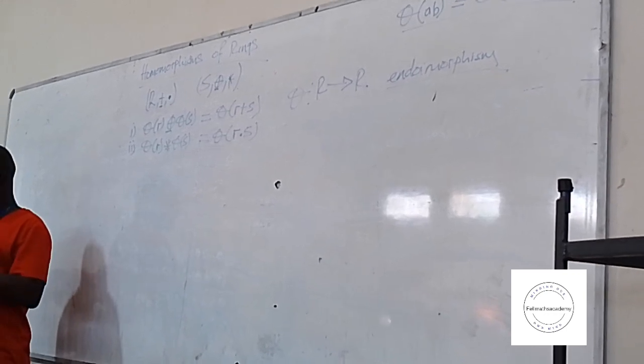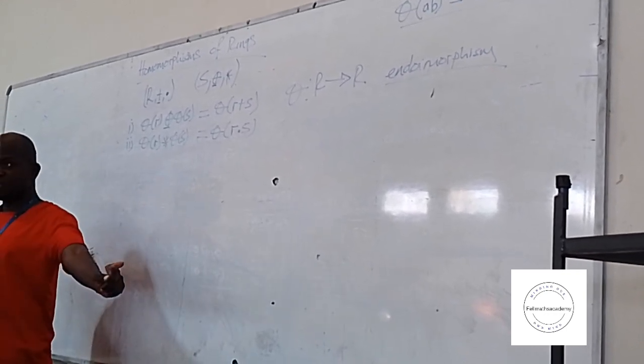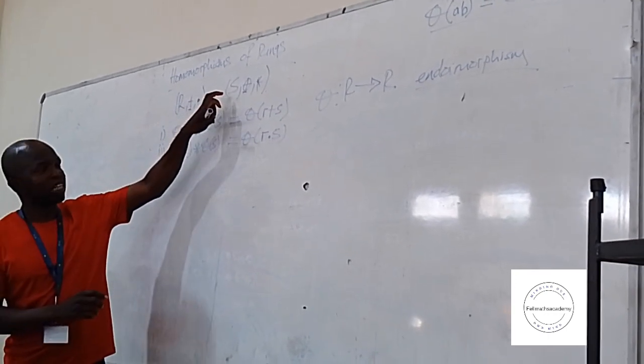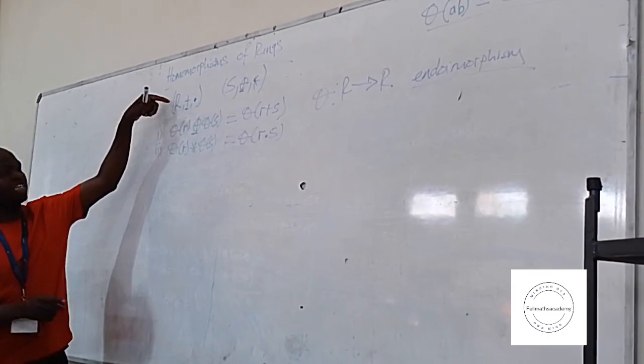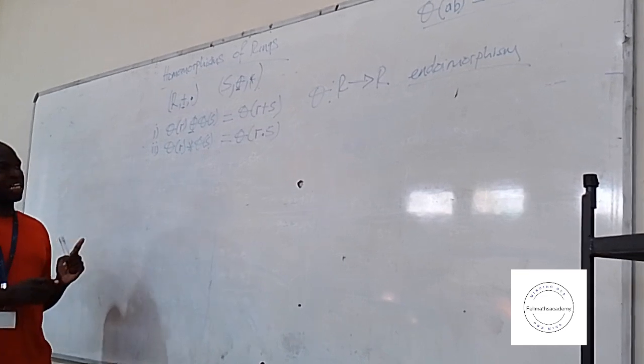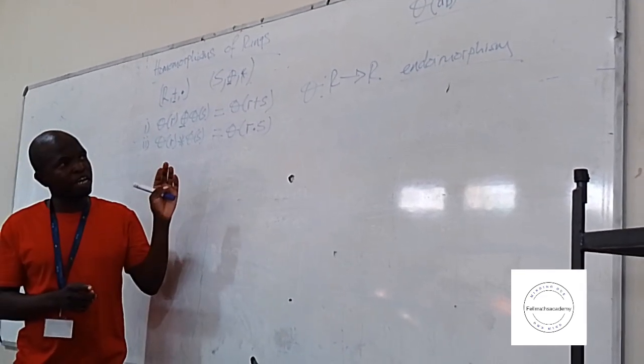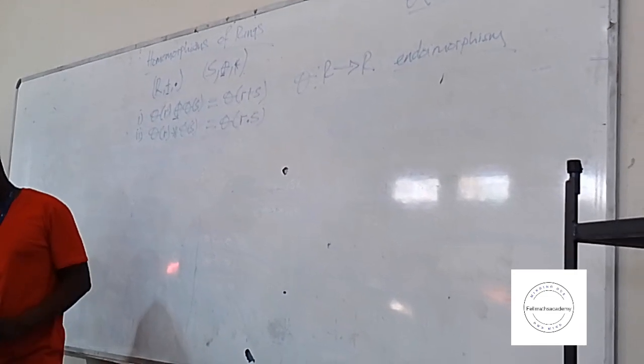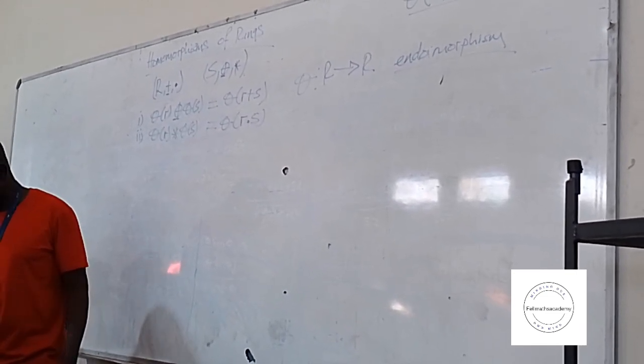But this ring is mapping into itself. We are not saying R is being mapped to S, but R is mapping into itself and being an epimorphism. So this type is called endomorphism.